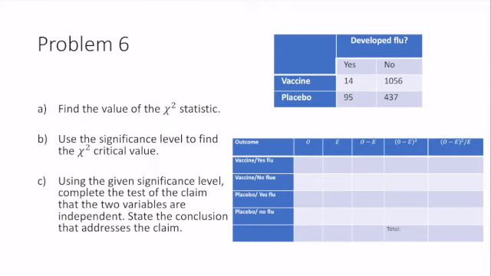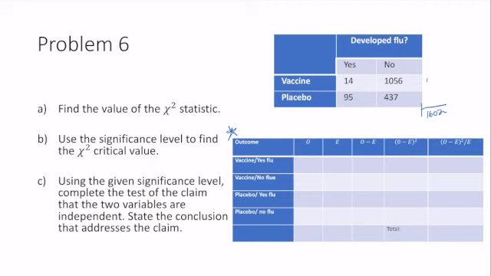So, first thing we want to do is find the value of a chi-squared statistic. You will be given this table on the exam, okay? So, to find the value of the chi-squared statistic, we need to fill in these areas. The first thing I like to do is come up with the total. So the total was that 1,602 people were participating in this study.